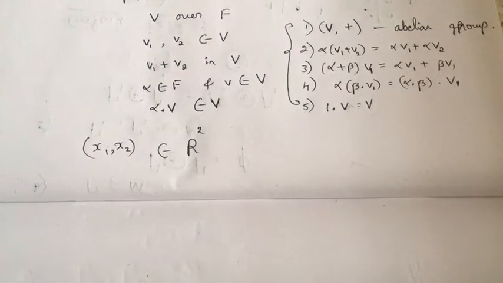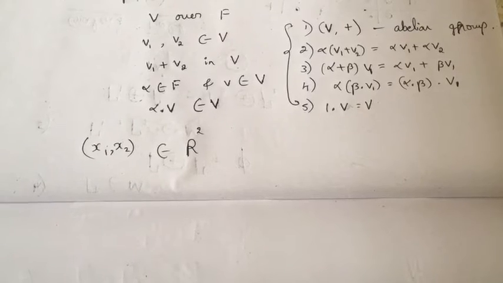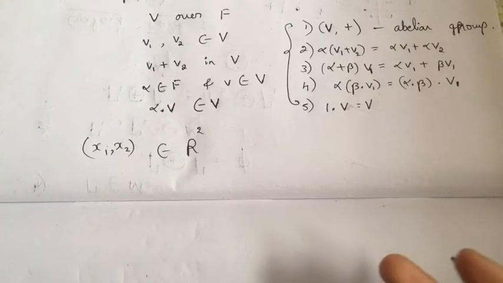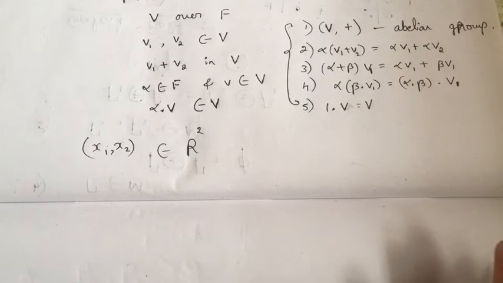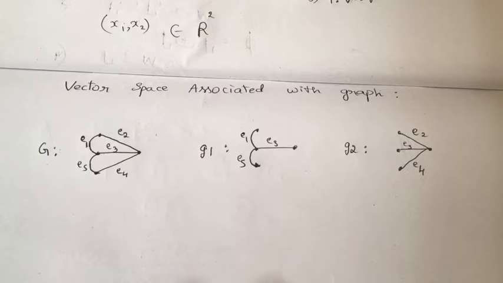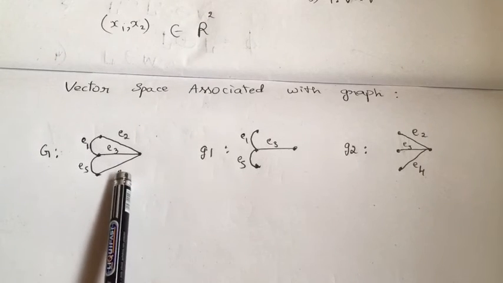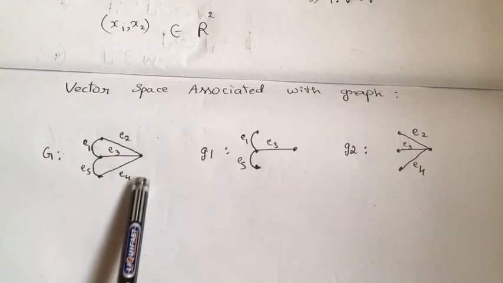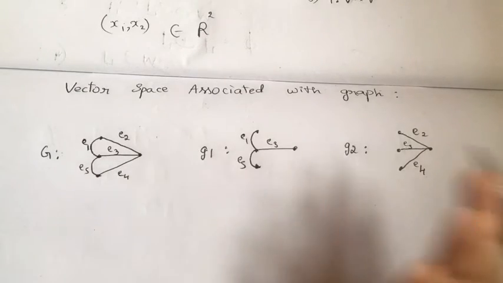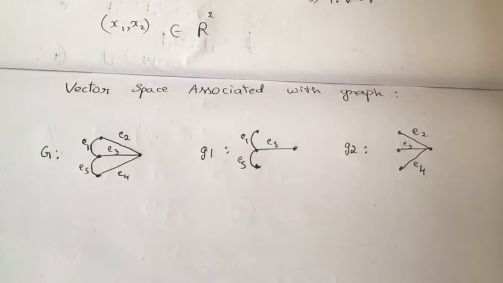Now, to study the vector space associated with a graph, we are representing graphs in terms of these tuples, so that for any graph G, we can define a vector space associated with that graph. Okay, so let us learn that. Let us consider a graph G with 4 vertices and 5 edges, say e1, e2, e3, e4, e5.